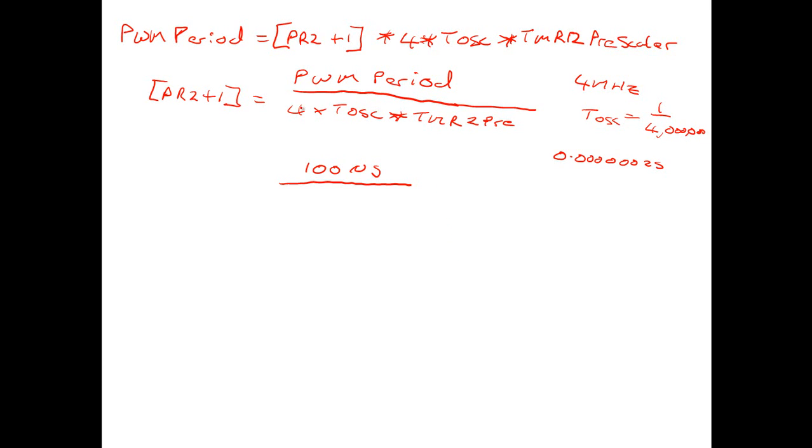Now the important point here is that this is multiplied by 4, so basically those 4 and 0.25 are going to come out to become a 1. So the 4 multiplied by T oscillator should give us a 1, which is effectively 1 microsecond, and we're going to multiply that by the prescaler value.